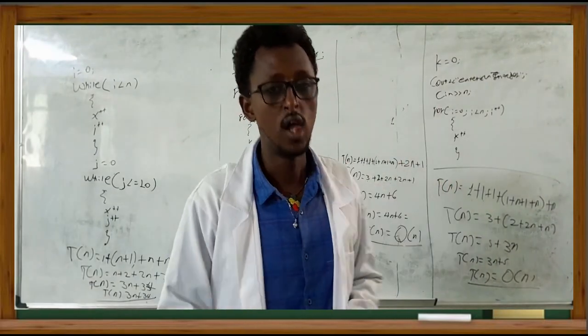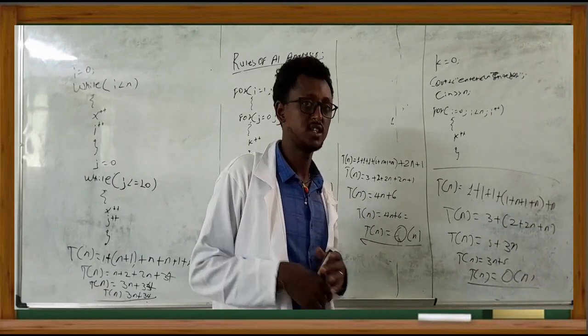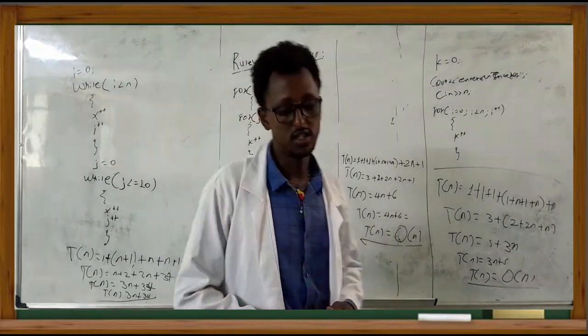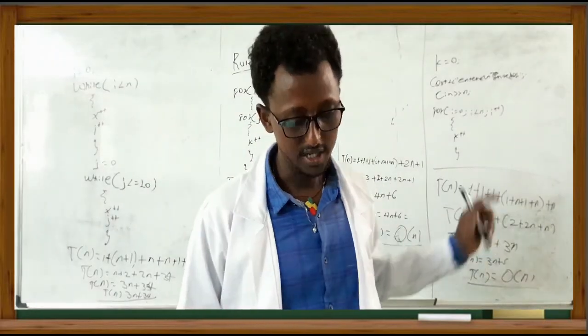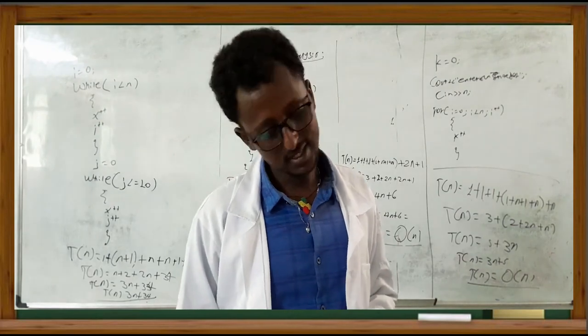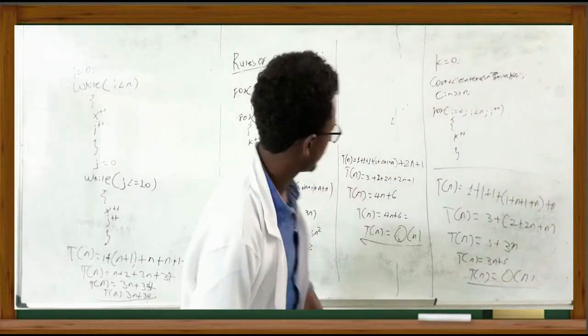If your algorithm contains for loops having nested loops, you can calculate based on this scenario or these conditional steps. Good. The next step: another example you can do on your own.